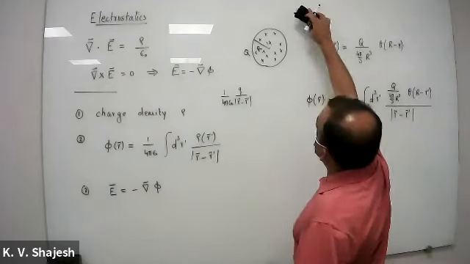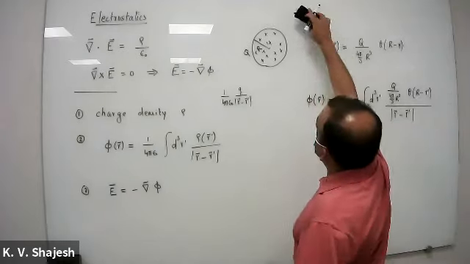And what is R minus R prime then? So this is R. I would like to know what is R minus R prime. That's equal to square root of, since it's a vector, R minus R prime dotted with R minus R prime.